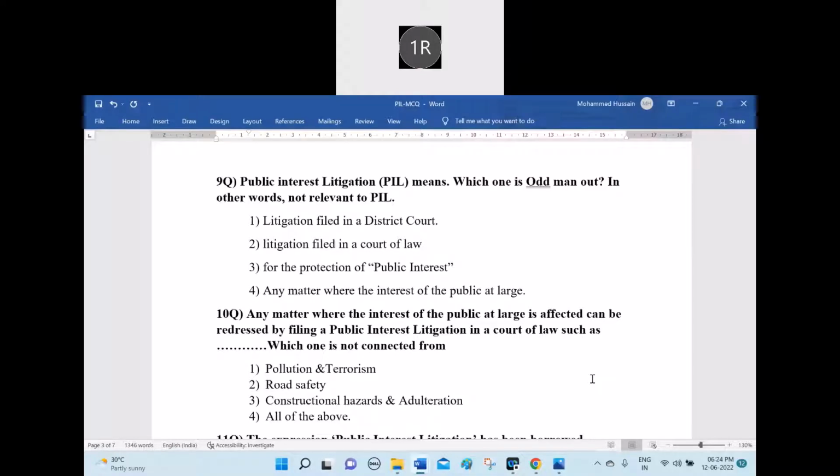Number 3, construction hazards and adulteration. Number 4, all of the above. I think all of the above is the answer. Even adulteration comes. Which adulteration? Food adulteration.